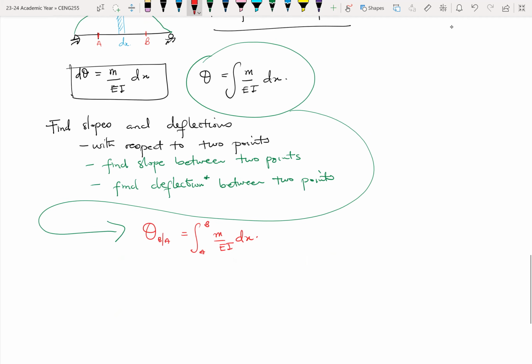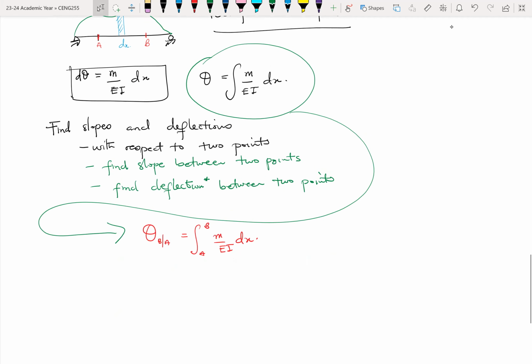So this becomes the equation for the slope between points. B and A are just arbitrary points. They can be any points on the system. And here, basically, it's the change in slope between point A and B.